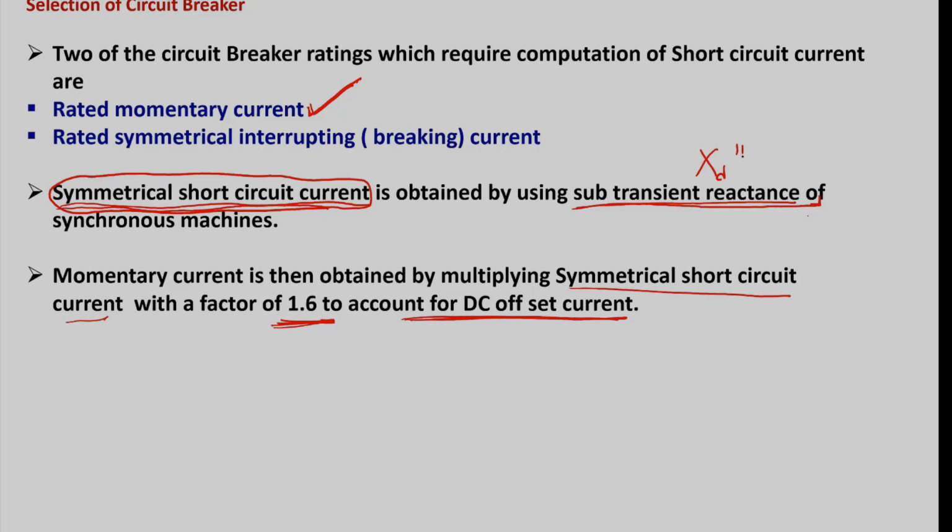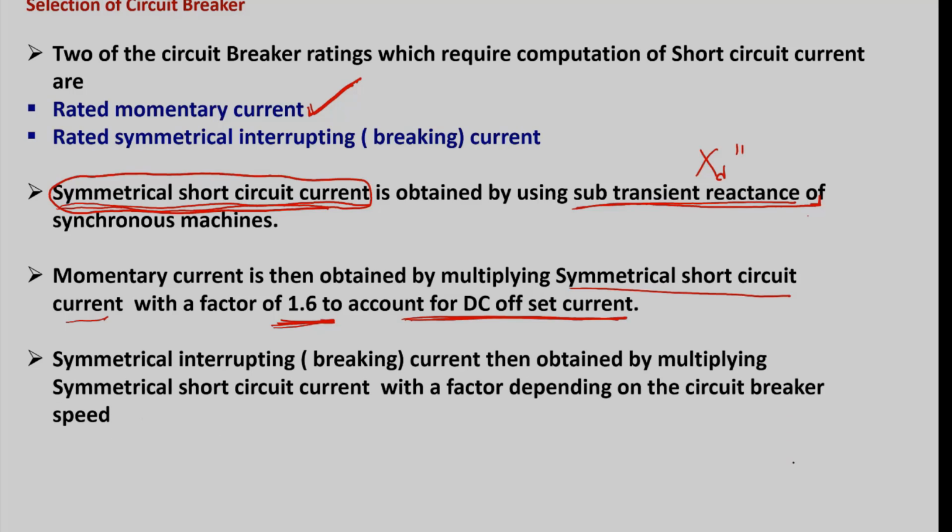Okay. Next, the symmetrical breaking current. The symmetrical breaking current is obtained by multiplying the symmetrical short circuit current by a factor depending upon circuit breaker speed. Why? Because when the fault is cleared, the current at which the fixed contact and moving contact of the circuit breaker get separated is called breaking current.